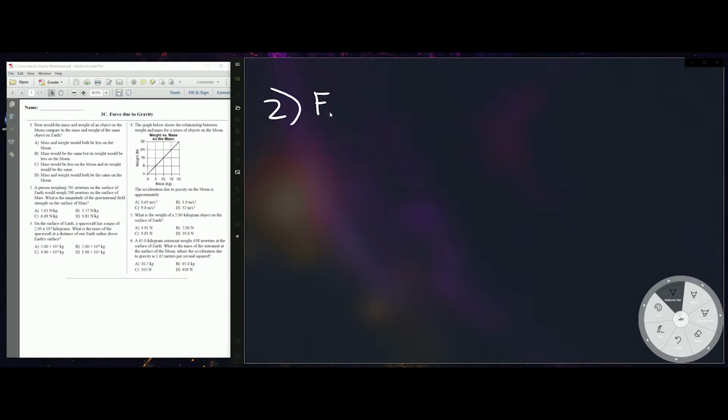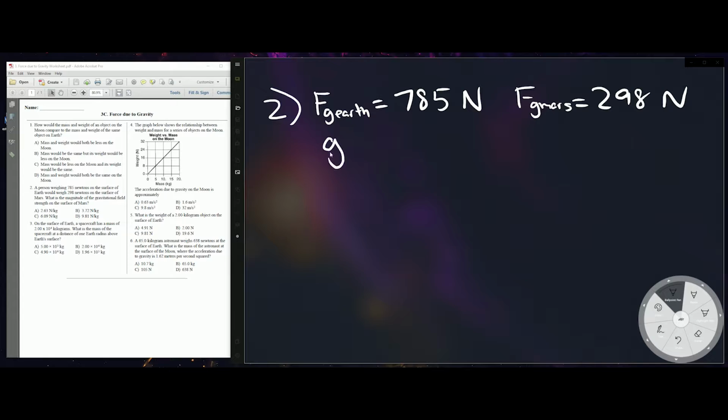So on Earth, your force due to gravity is 785 newtons. And on Mars, it's going to be 298 newtons. Now, we know that g on Earth, the gravitational field strength, is 9.8 meters per second squared.